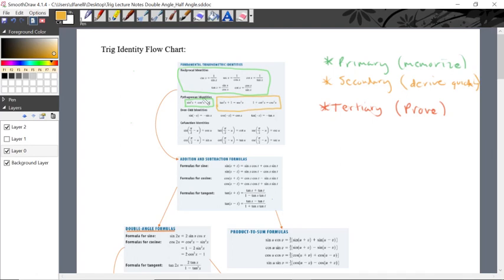If you know the primary one, sine squared x plus cosine squared x equal to 1, recall, you can then divide all the terms of that identity by, for instance, cosine squared x. If you divided all three terms by cosine squared x and use the reciprocal and ratio identities that we also know, like sine x over cosine x would be tangent x, for example, and 1 over cosine x would be secant x, you would really quickly be able to rederive this identity right here.